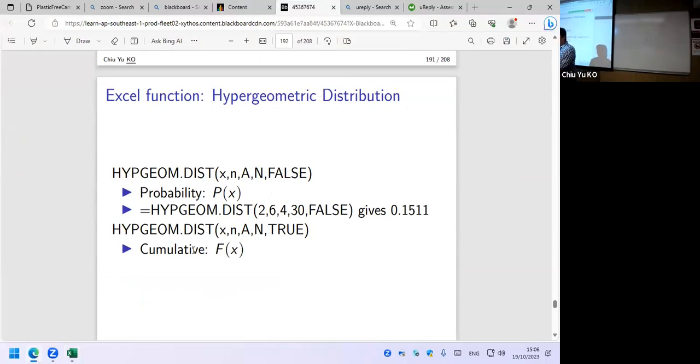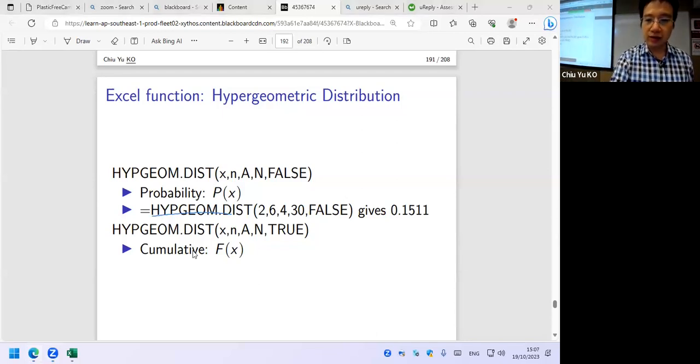We have 30 items in the warehouse, of which 4 are defective items, the successes, and the rest, 26, are good items. Now we draw 6 items, and we ask for exactly 2 of them to be defective.